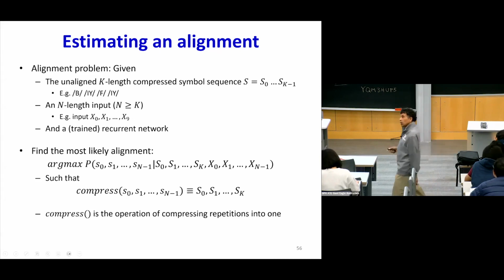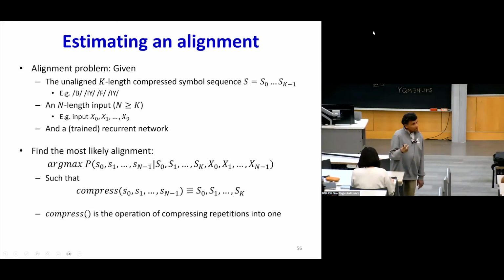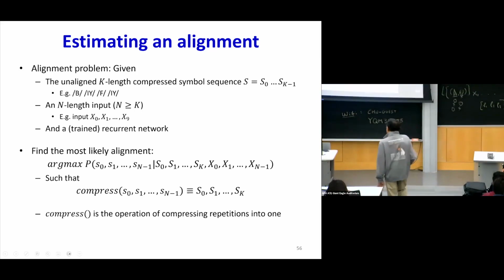For training data, you know how many symbols there are. I've given you the input, which is a sequence of vectors, and I've told you that this is the word but. So you know that there are 3 symbols in the output. So you know k, you know n, and the constraint is that n must be at least as long as k, because again, you have order correspondence between the input and the output.